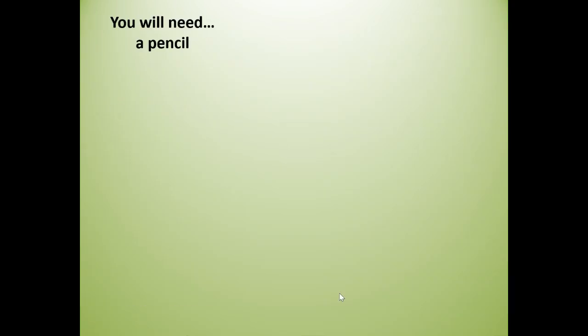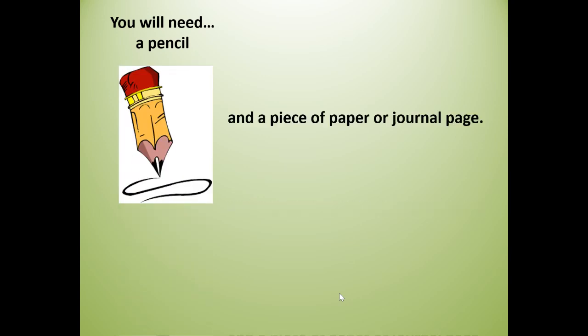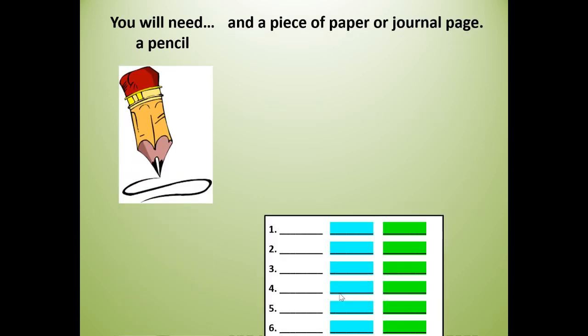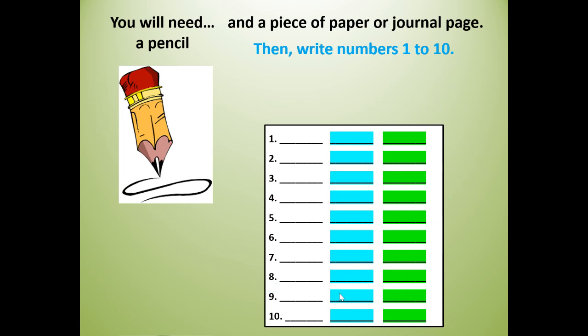For this lesson, you will need a pencil and a piece of paper or journal page because you're going to write your numbers 1 to 10. So if you don't already have these things, push pause, get a pencil, a piece of paper, and write your numbers 1 to 10. And when you've done that, push play.